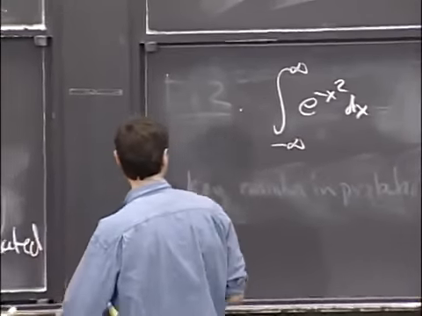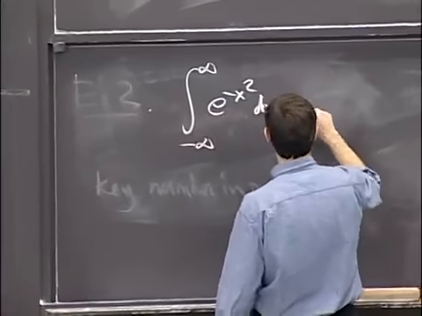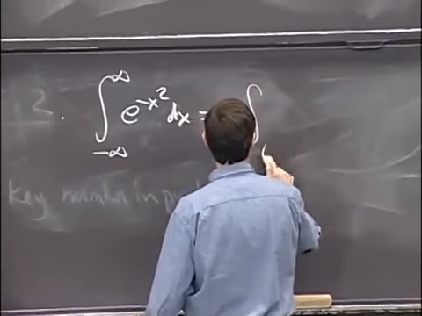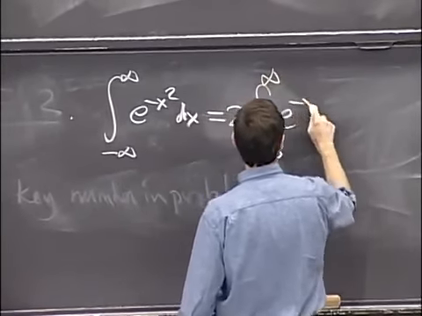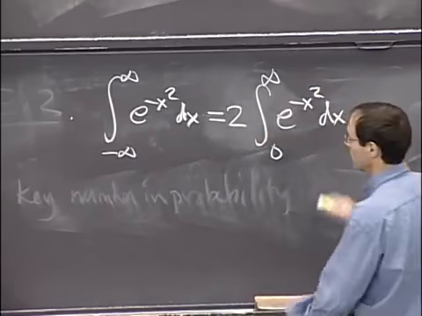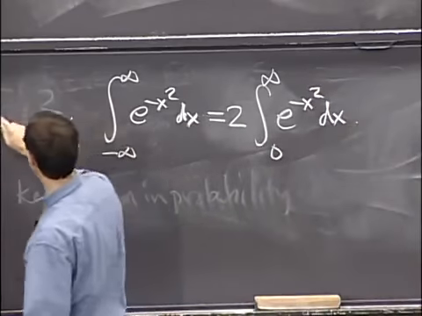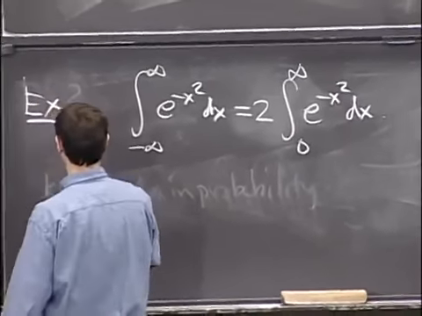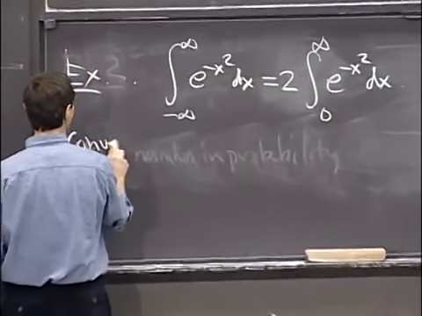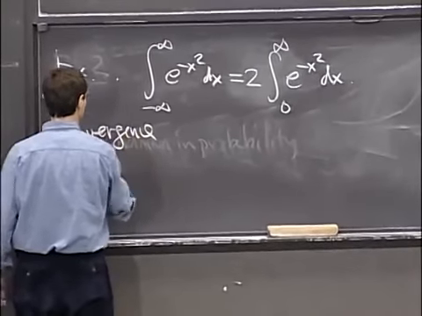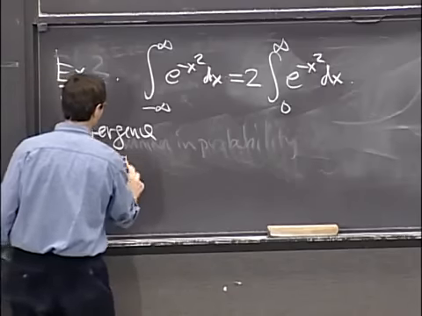This one is not so difficult. First of all, you would write it as twice the integral from 0 to infinity of e to the minus x squared dx. So this is a new example here, and we're just checking for convergence only, not evaluation.